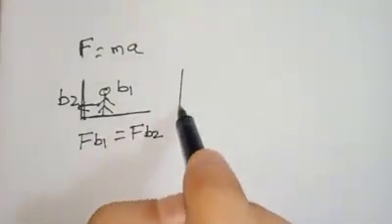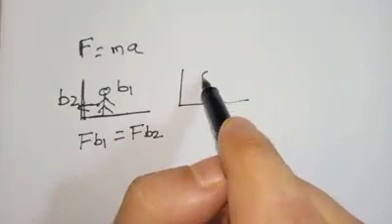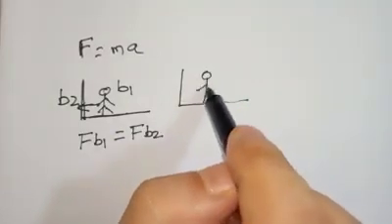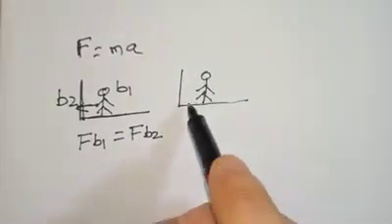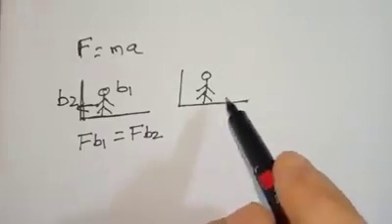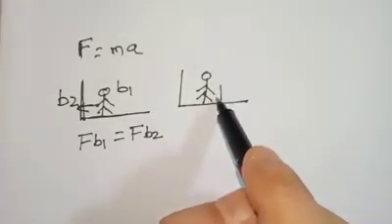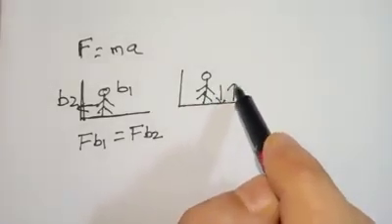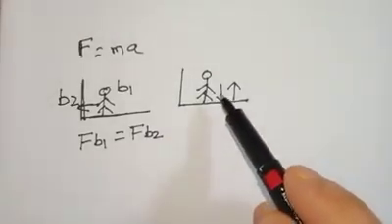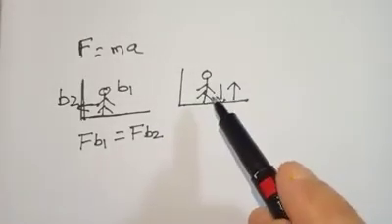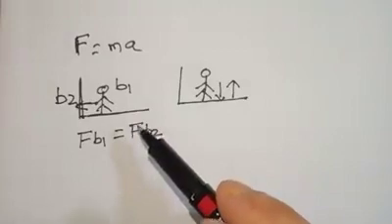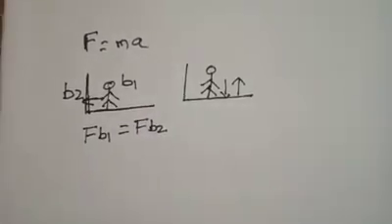In another case, if I am standing on the ground, on earth, I am exerting a force on earth, and the earth is also exerting an equal force on me. So the force exerted on body 1 will be equal to the force exerted on body 2.